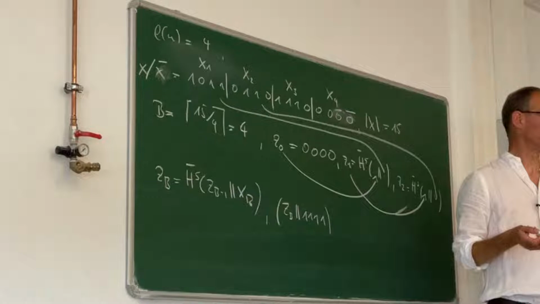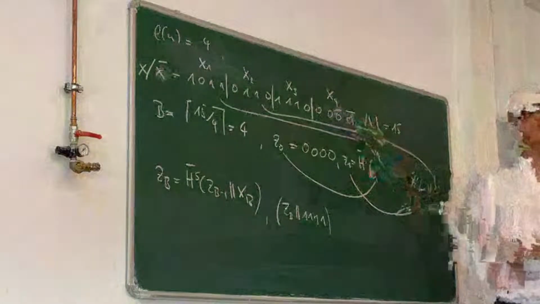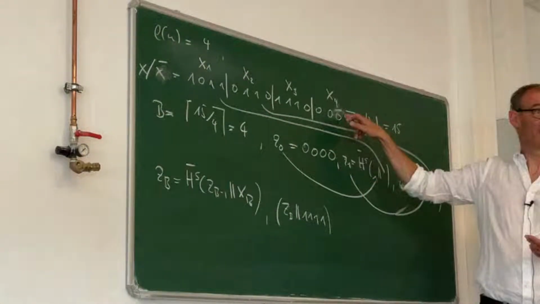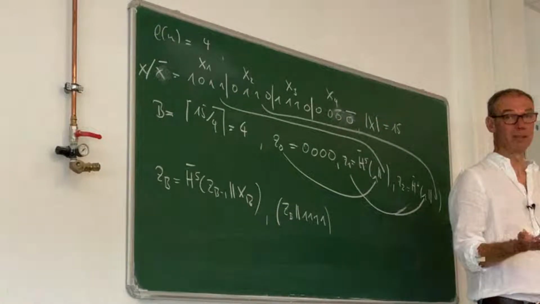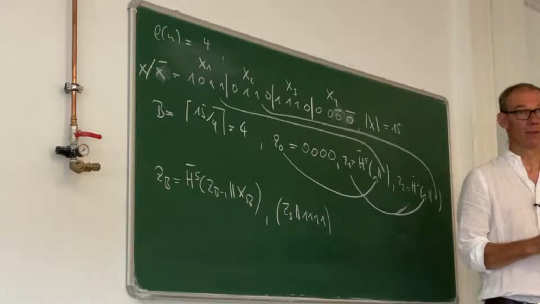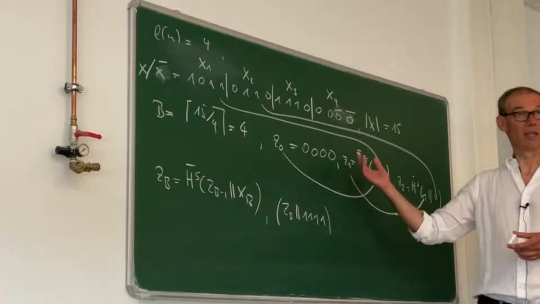There will be no difference in the hash value because the algorithm doesn't know whether this is a padded 0 or whether it's a message 0. Right? So this doesn't work if I don't do that.